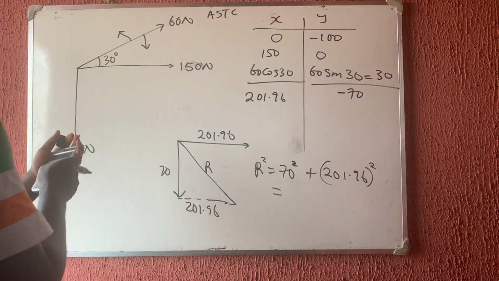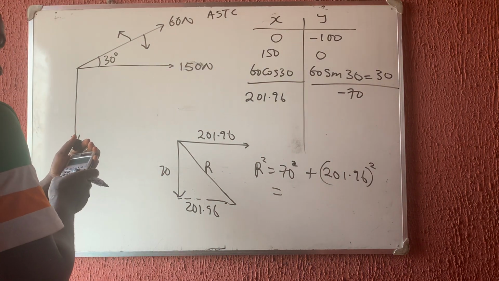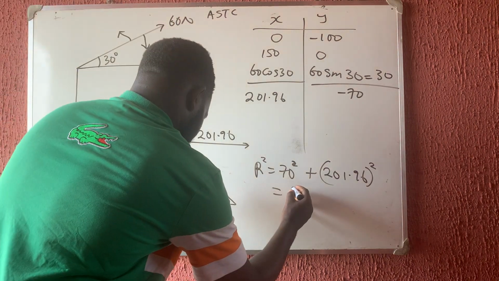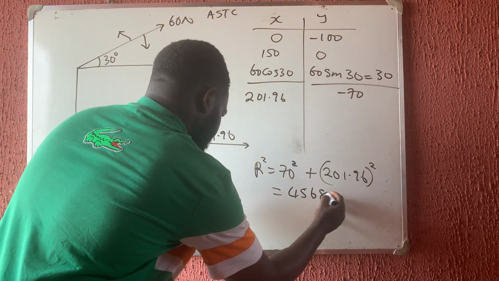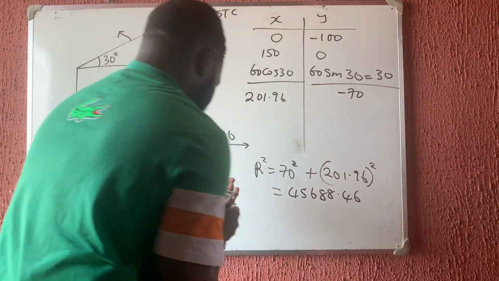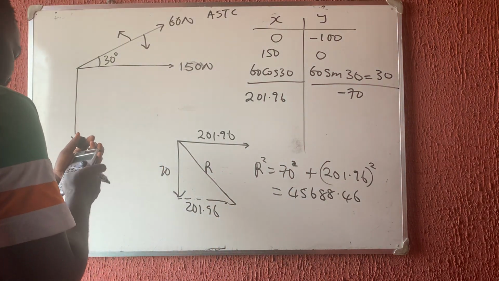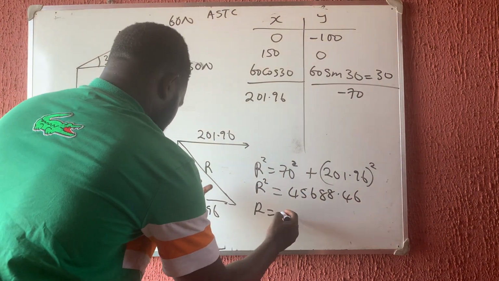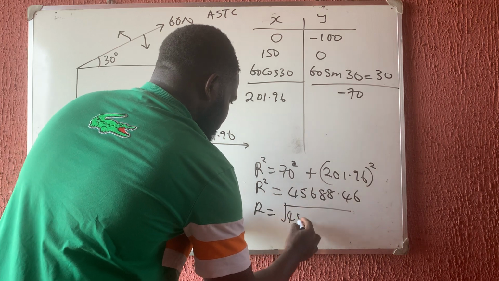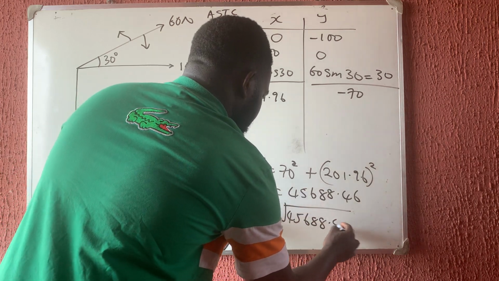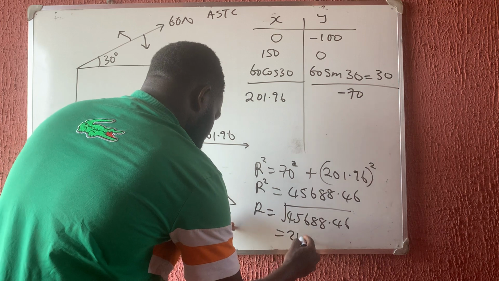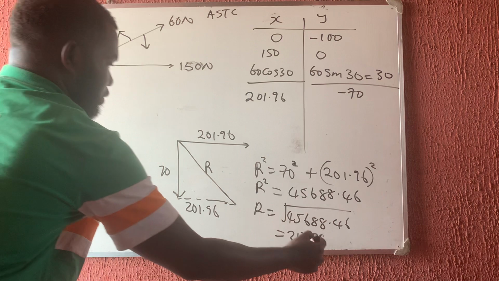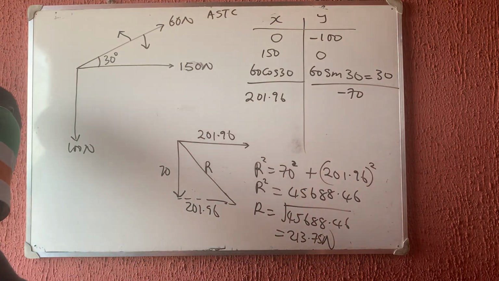So I'm going to have 45688.46. So R will be the square root of 45688.46, which is going to give me 213.75. Sorry, in Newton. So that is that for that.